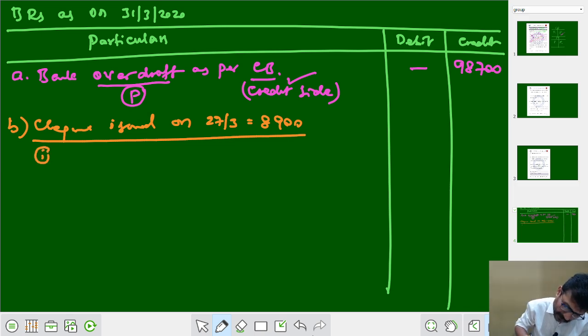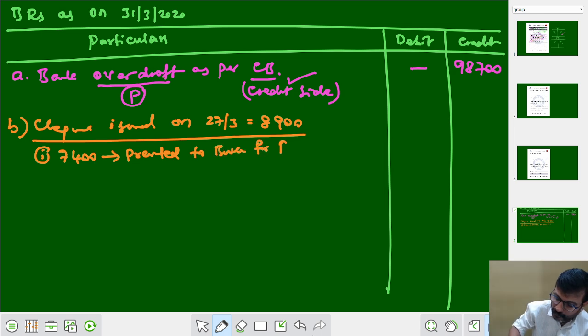In that, what happened? 7,400 presented to bank for payment when? Eppudu? On 4th April.